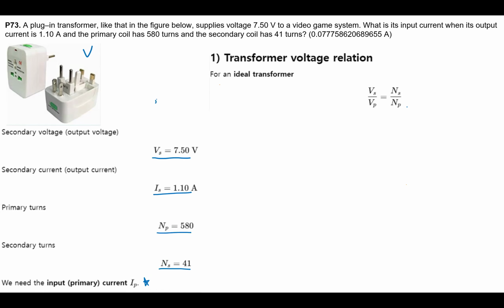For the ideal transformer, we have this voltage relationship, and we also have a power relationship. What we want to know is Ip.